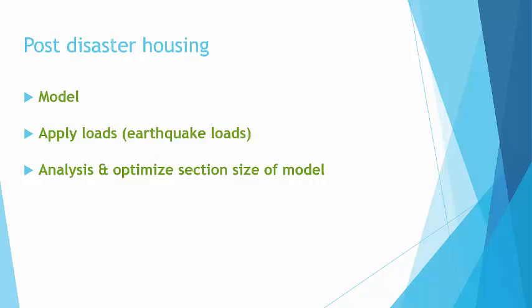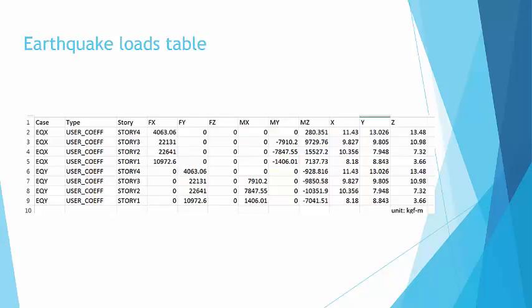Now I talk about the post-disaster housing. The first thing they need to do is the model, then they apply the load on the model. Then they use the tool to analyze and optimize the section size of the model. Here we can see the table for the earthquake load table.